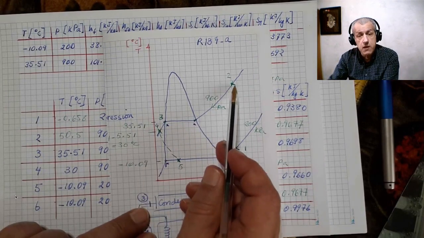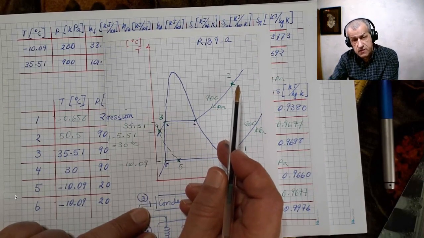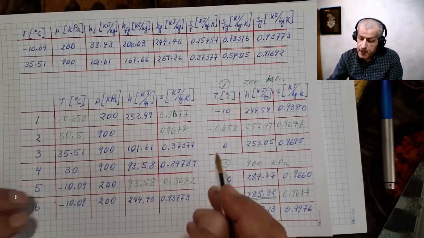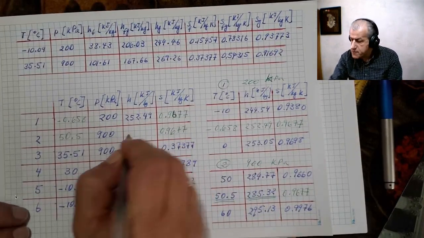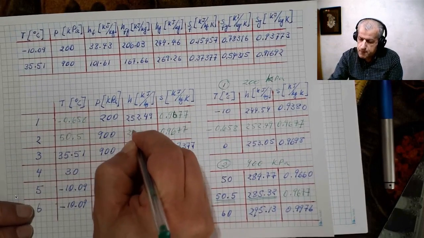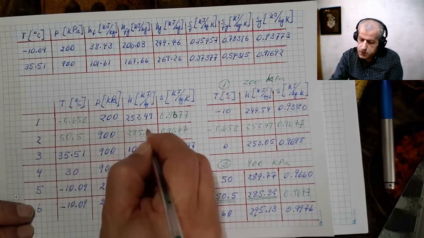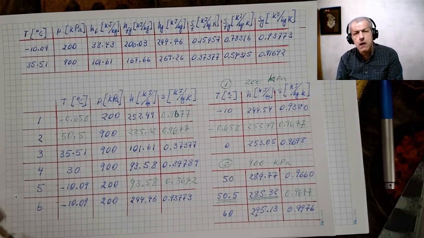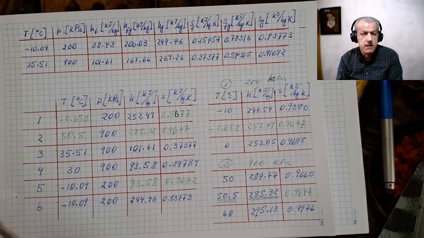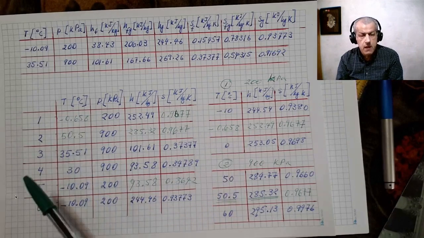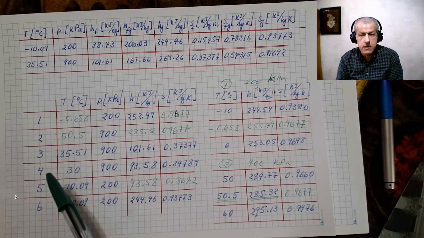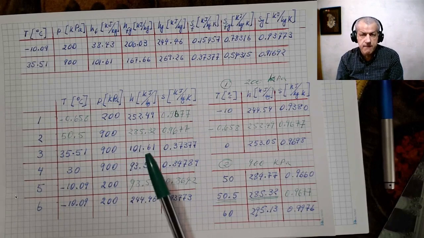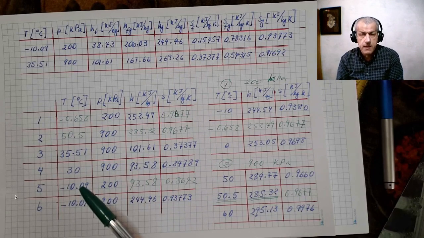We expected 2 to be at a higher temperature, around 50 degrees C, and the enthalpy is 285.32. The green numbers are what we have calculated or interpolated, and the blue ones are those that we directly read from the tables.